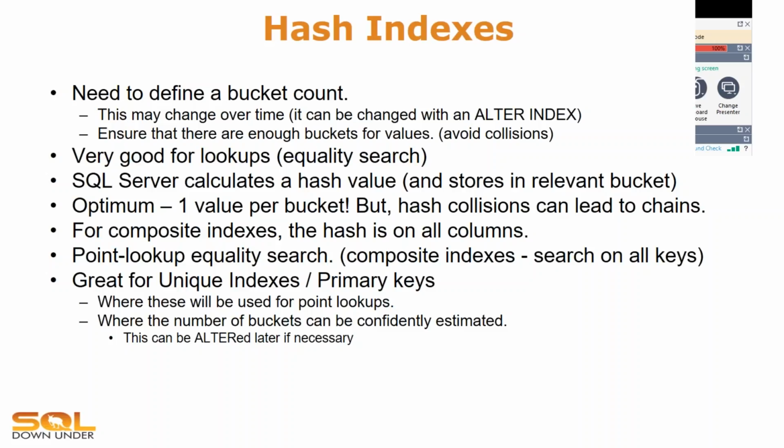Now, we need to define what is called a bucket count, and basically we should have one bucket per unique value. So if we know we're going to have, say, 100 unique values in the database, we should have at least 100 unique buckets.